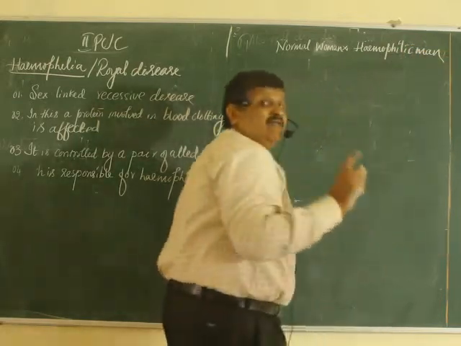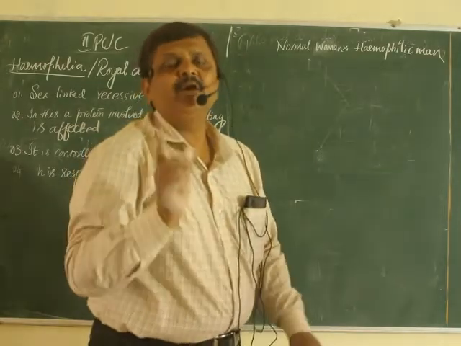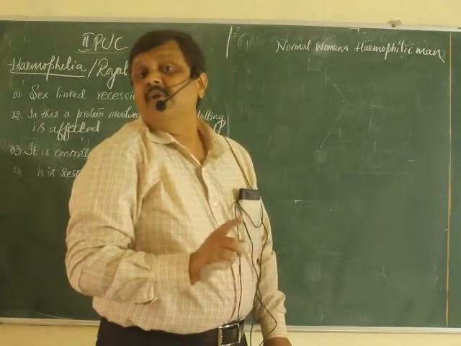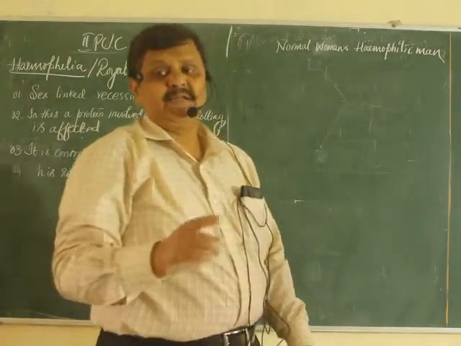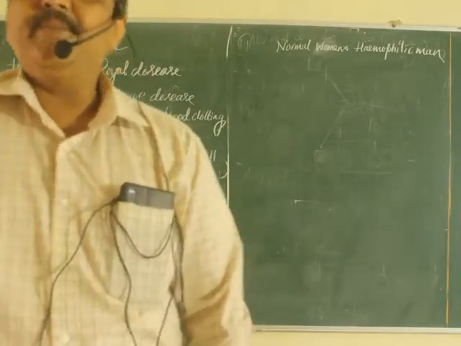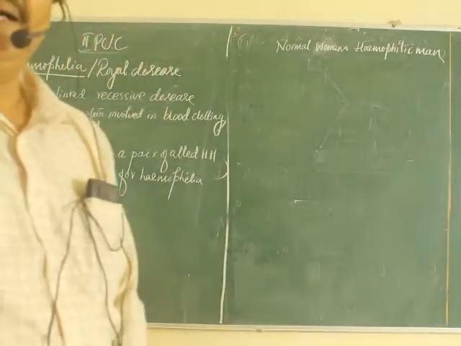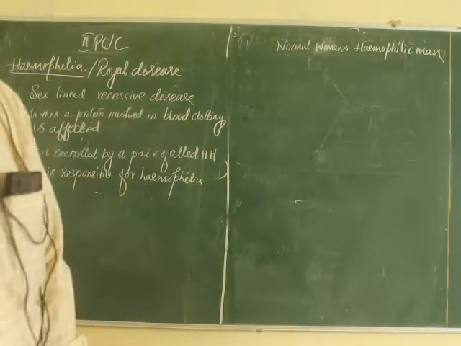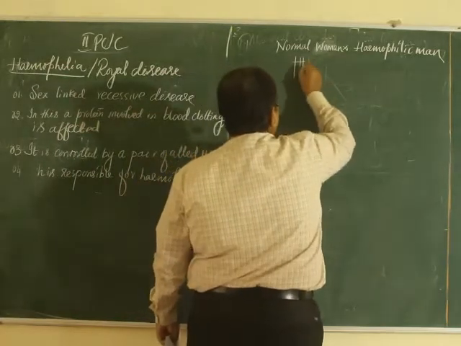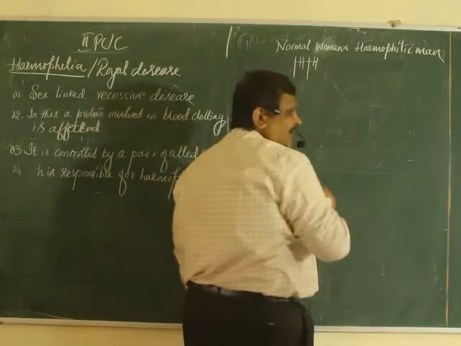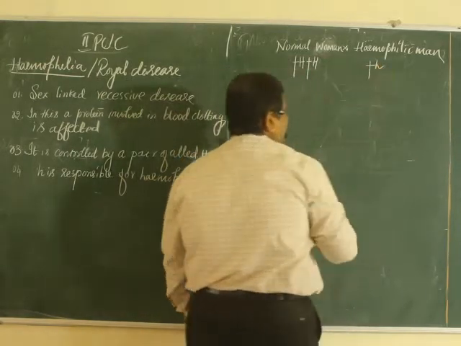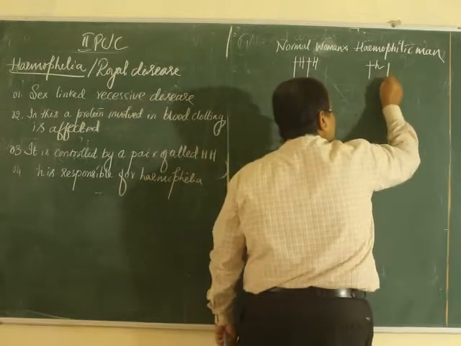We do not consider a hemophilic woman, because hemophilia is fatal in females: as and when the menstrual cycle starts, because of the inability to stop the bleeding, continuous bleeding will cause the individual to die. So it is lethal in females. The normal woman is capital H capital H, as the gene is situated on the X chromosome. The hemophilic man has only one X chromosome, so small h, Y.